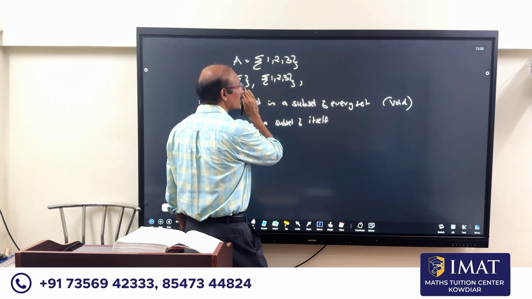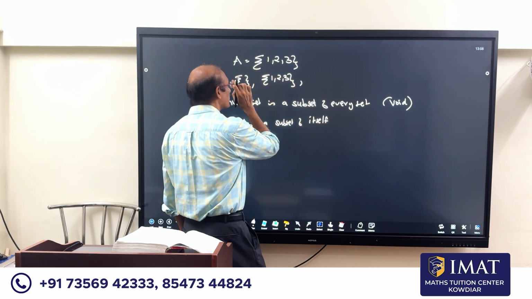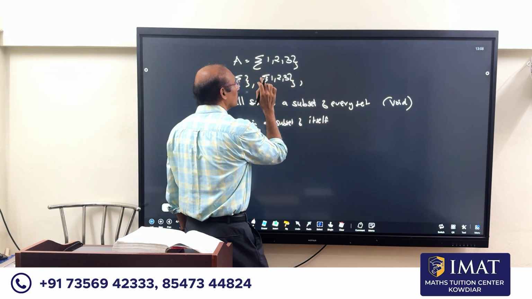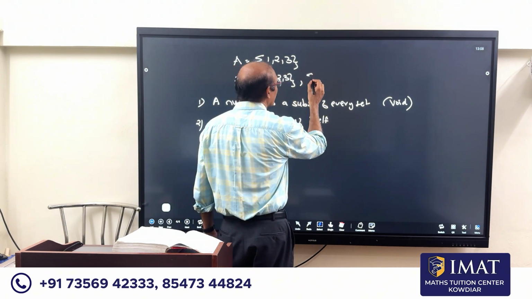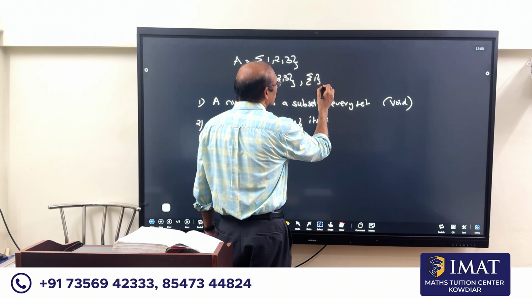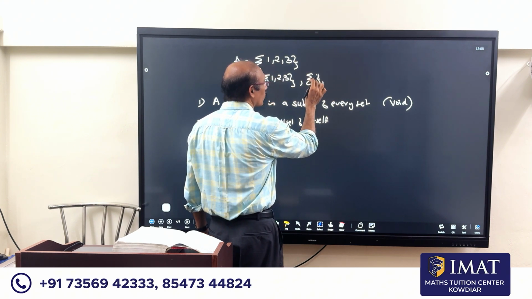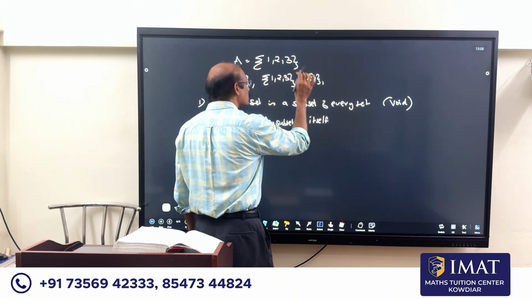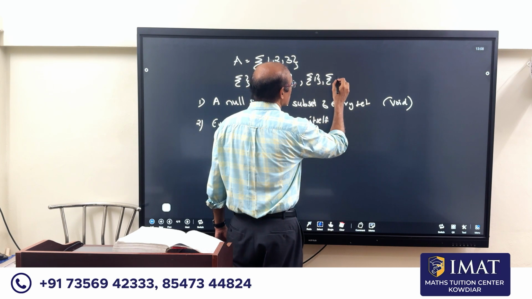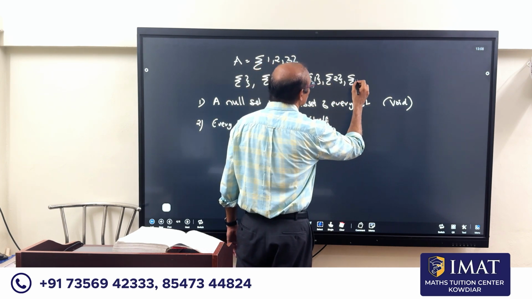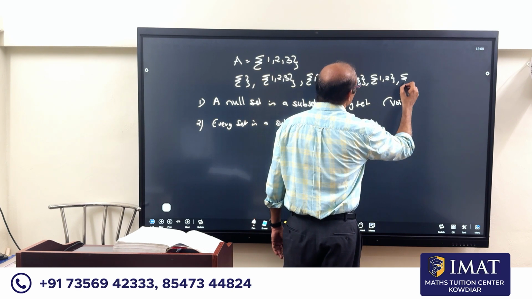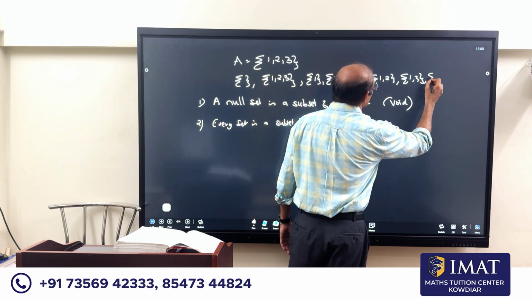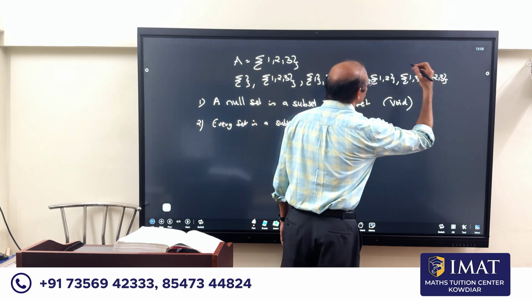We have already listed 2 subsets. One is the null set, then the set itself is a subset. Now, what are the other subsets? I write like this, set {1}. The elements of this set are there in A, so this set is a subset. Likewise, {2} is a subset, {3} is a subset, {1, 2} is a subset, {1, 3} is a subset, {2, 3} is a subset.